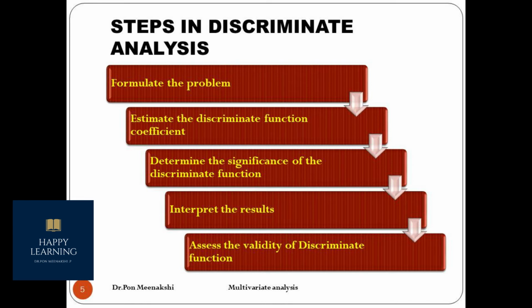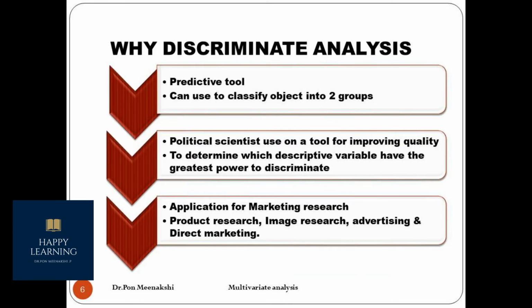The next slide: why discriminant analysis? As I said earlier, it is a predictive tool. It can be used to classify objects into two groups. It is used by political scientists as a tool for improving quality.